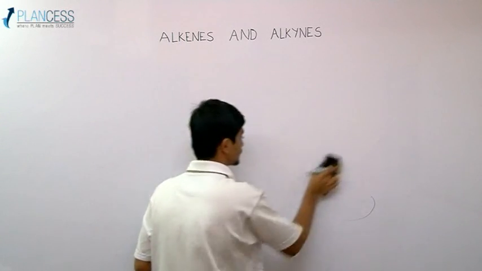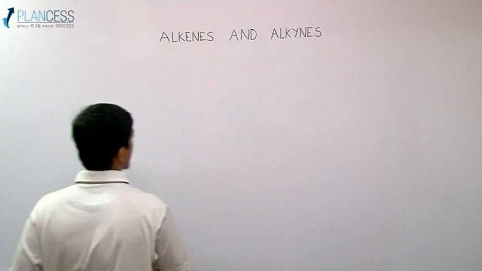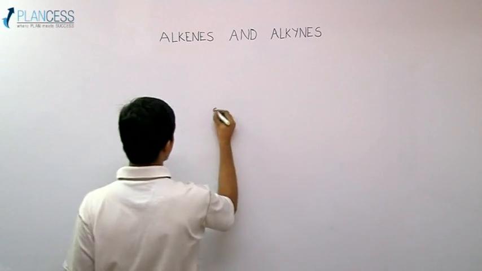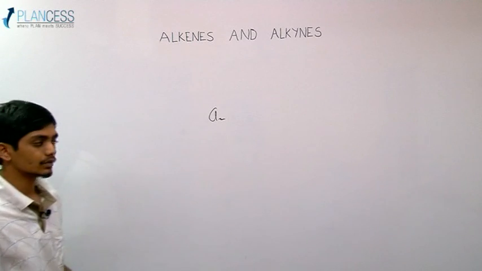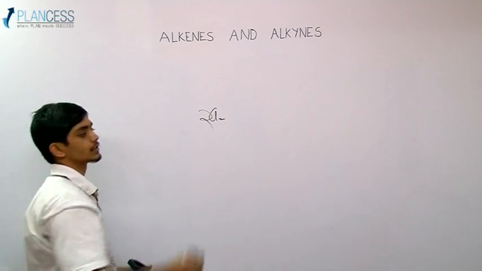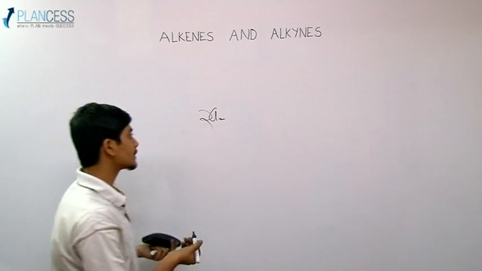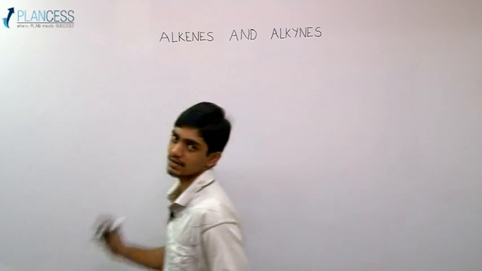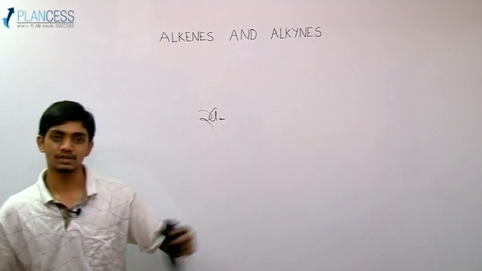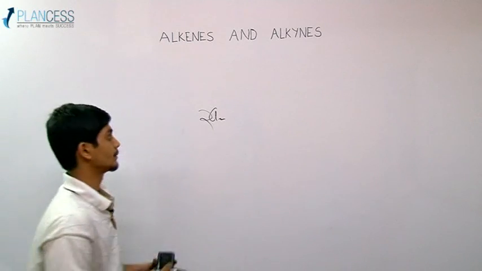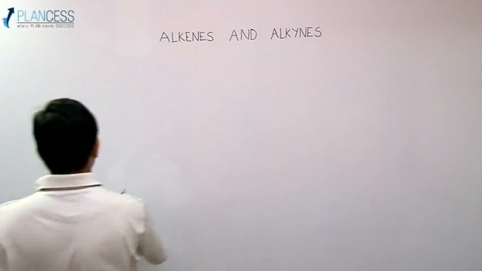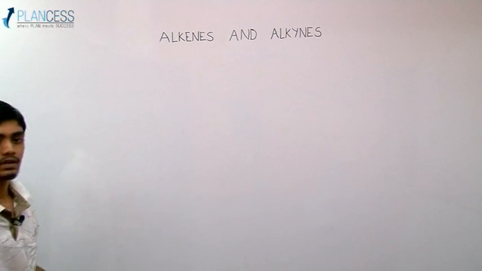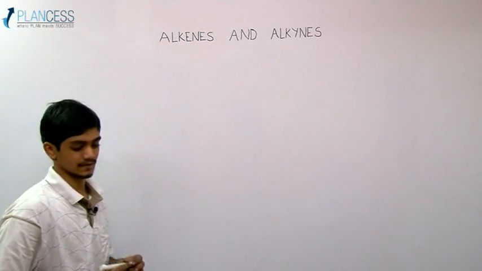For example, halogenation. If you can react 1 mole of Cl2 with alkenes, you can react 2 moles of Cl2 with alkynes. So that will be the chemical properties of alkynes, but the acidic property is the only property which is different from alkenes and alkanes. So let us start one by one. This is a very small topic because all the properties are similar to alkenes.